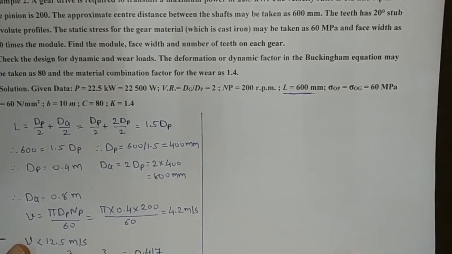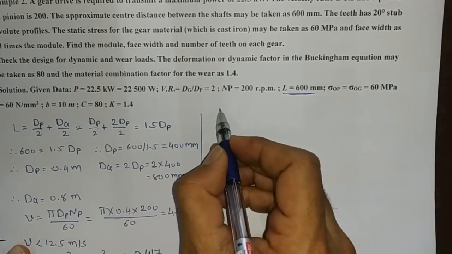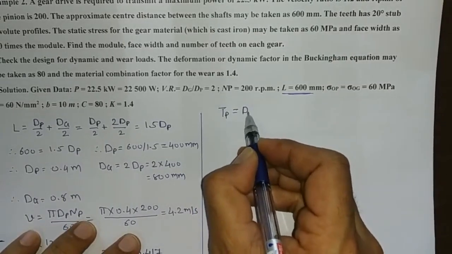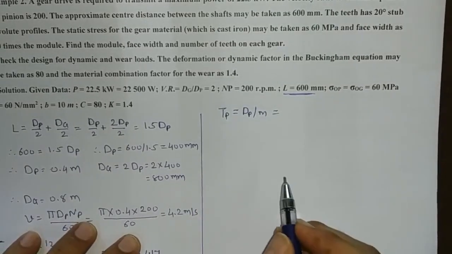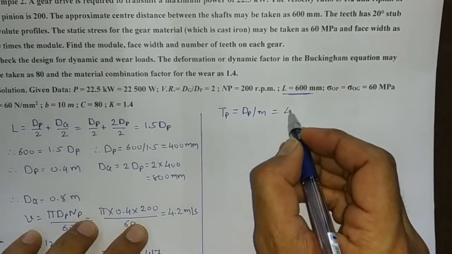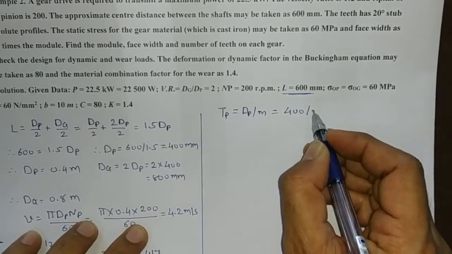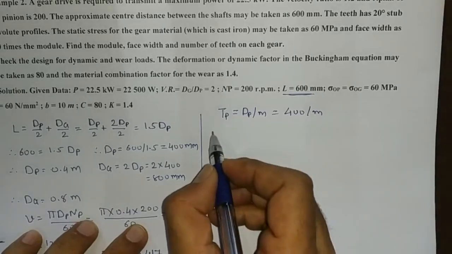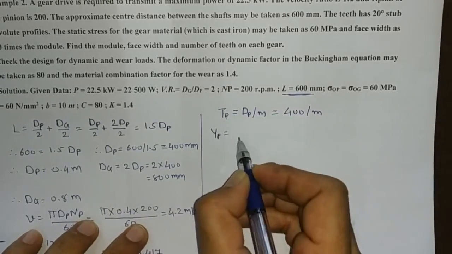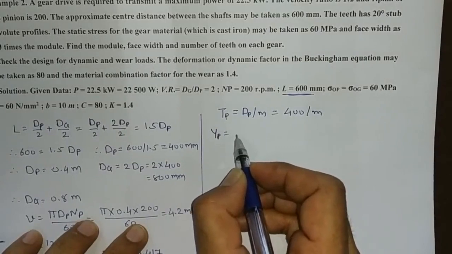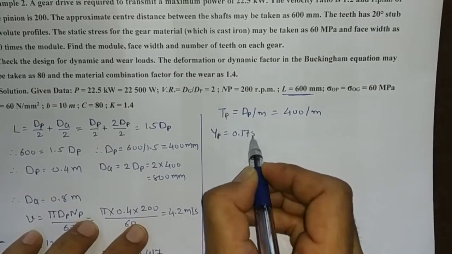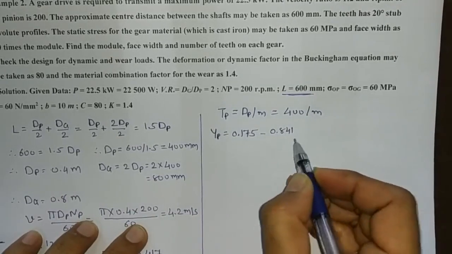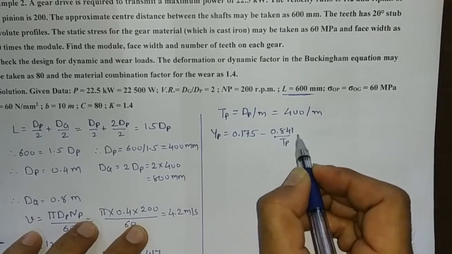Now we know the number of teeth on pinion, TP, is equal to dP by M, where M is the module. So dP is equal to 400, therefore TP is equal to 400 by M. Now tooth form factor for the pinion, YP, is given by the equation 0.175 minus 0.841 by TP.